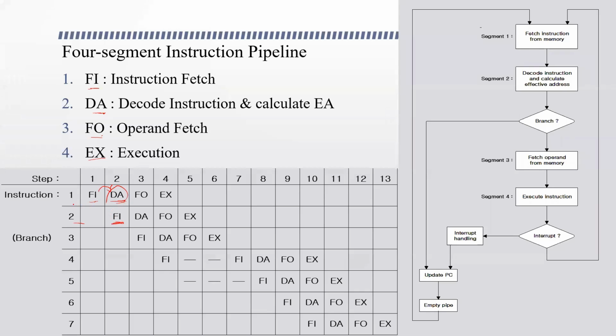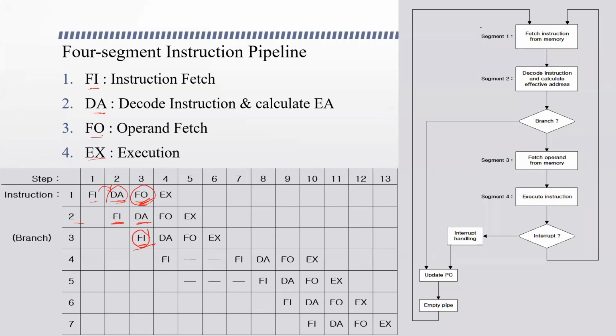And now when instruction 1 goes to the next phase, fetching the operand, this is a transfer type of operation, right? Transferring the operand from memory. So here decoding is an internal operation, and here is a fetch and here is also a fetch, but this is an instruction fetch and this is a data fetch.